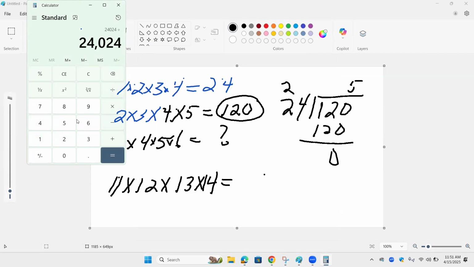Is that divisible by 24? It looks like it probably would be, right? Yeah, 1001. So why is this working?